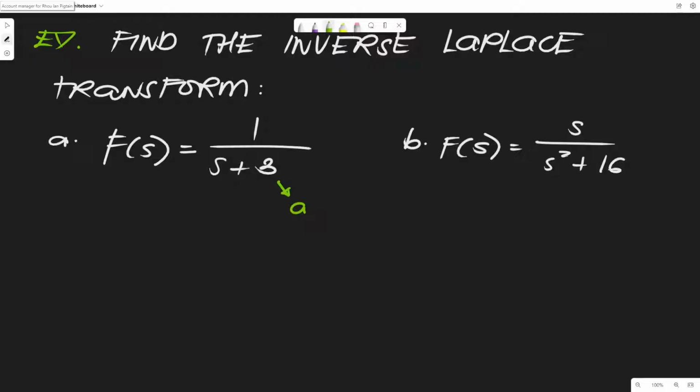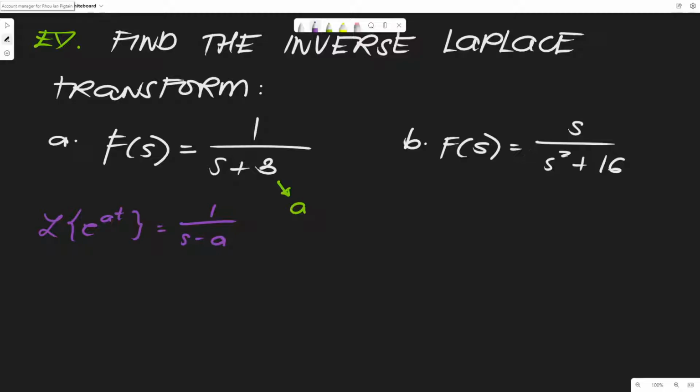Recall lang to: the Laplace transform of e raised to at is equivalent to 1 over s minus a. So, this is the formula for e raised to at. Malapit na siya.